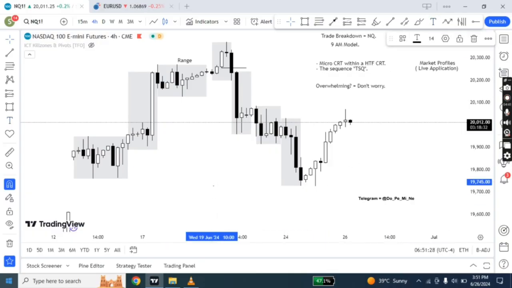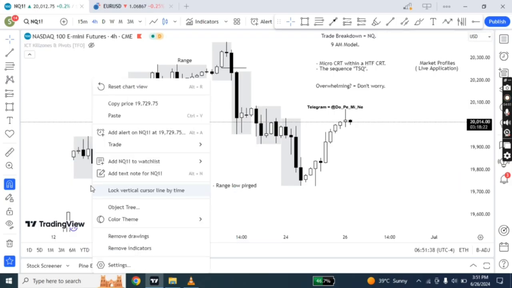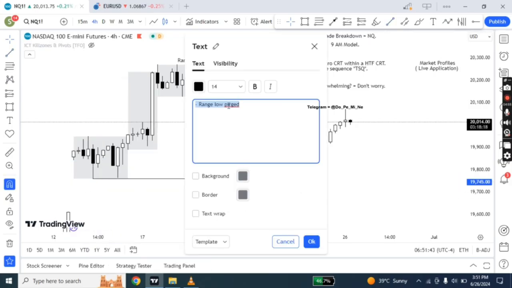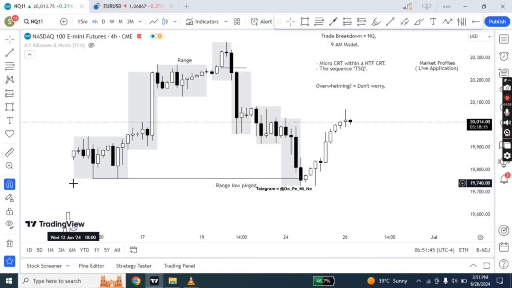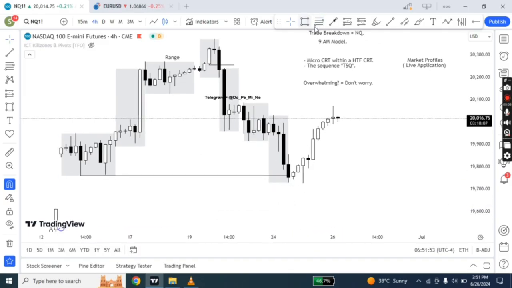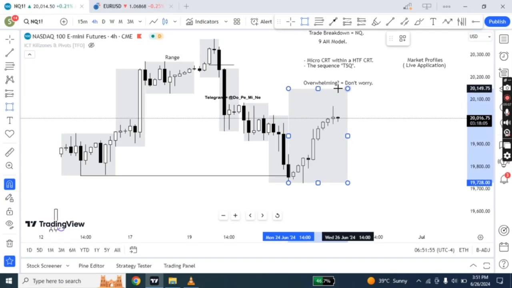The first factor is that this expansion right here took out this range low, and once a range low or a key level is taken, it can offer a small reversal there. But not only that, we were also inside of this opening gap right here, a key level in the form of an opening gap. So those two factors together made me decide that I'm going to expect a reversal profile right here.